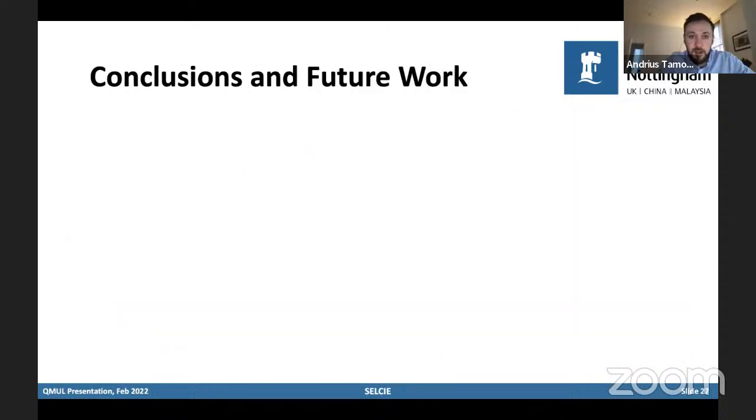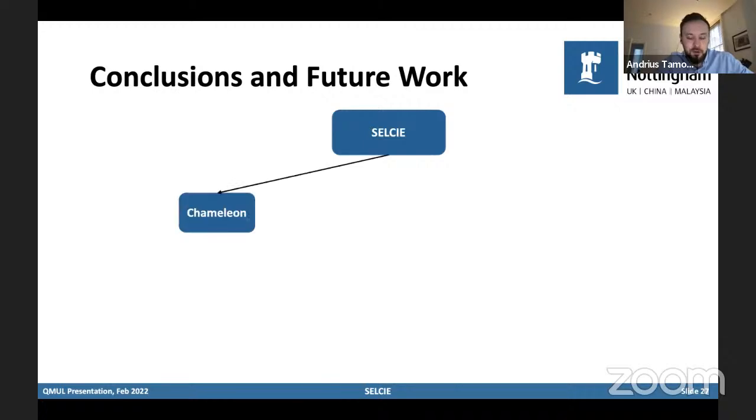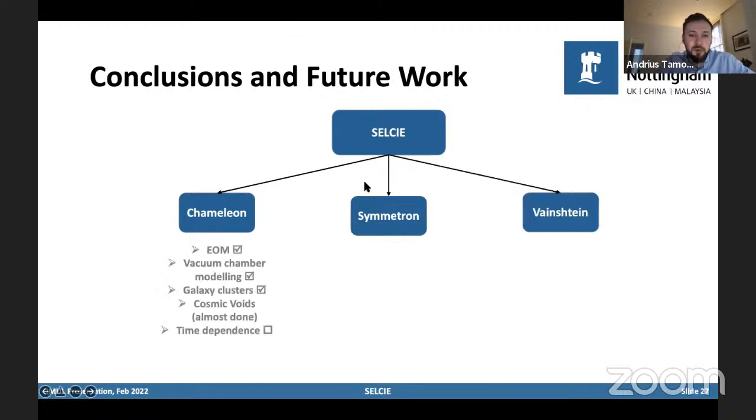So this is the last slide, just to summarize the current state of the code. I talked a lot about the Chameleon code. At the moment, it allows you to solve the equation of motion in various scenarios. We have done quite extensive vacuum chamber modeling.